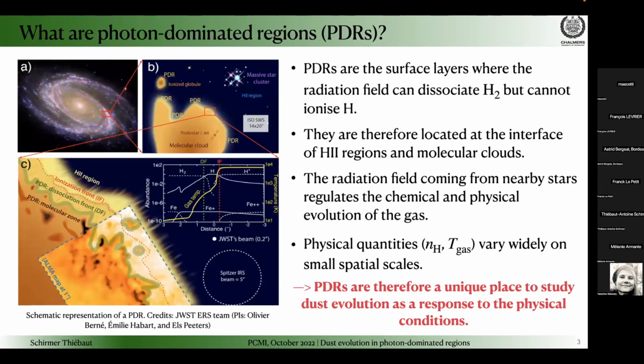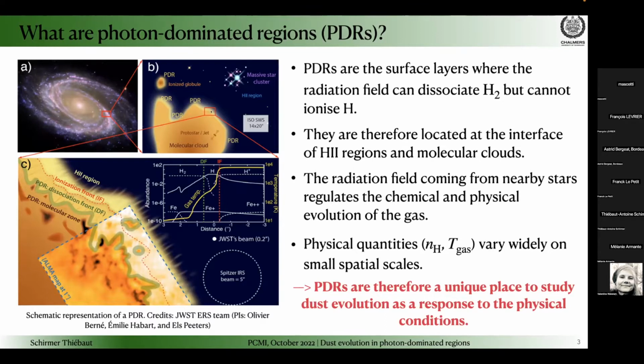So if you zoom inside galaxies, you will find molecular clouds close to energetic stars that emit a lot of energetic photons that are going to penetrate inside the molecular cloud and therefore dissociate molecules. But beyond a given depth inside the molecular cloud, there won't be enough energetic photons to dissociate molecules, because those photons have either been used to dissociate molecules or been absorbed by a dust grain.